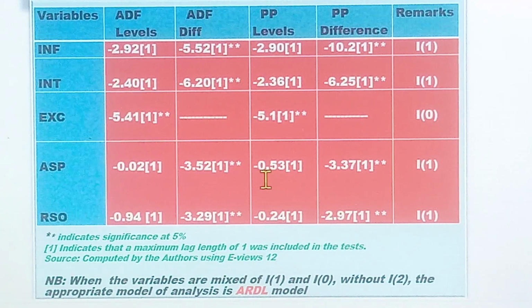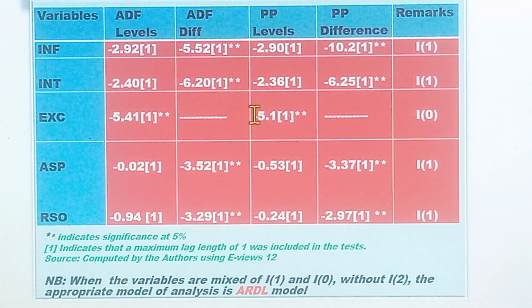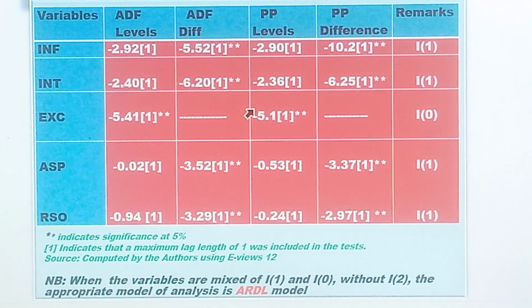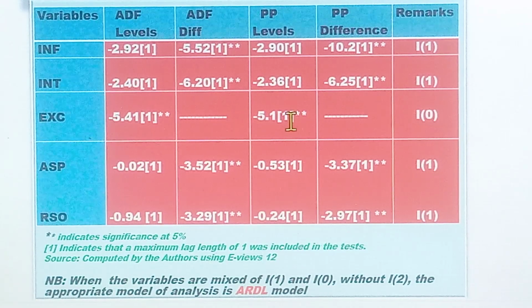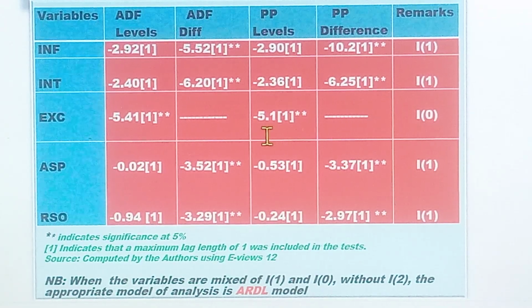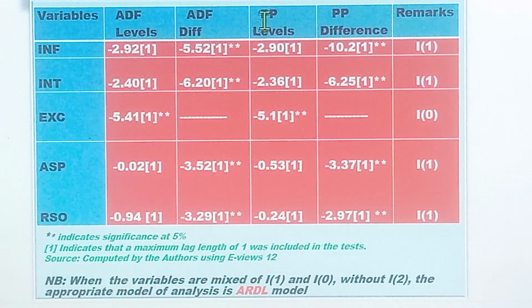All right. There are also views that even if the variables are I(1) and I(0) with no variable being I(2), ARDL model is appropriate only if the I(0) variable is not the dependent variable. In other words, there are 3 conditions for ARDL model.